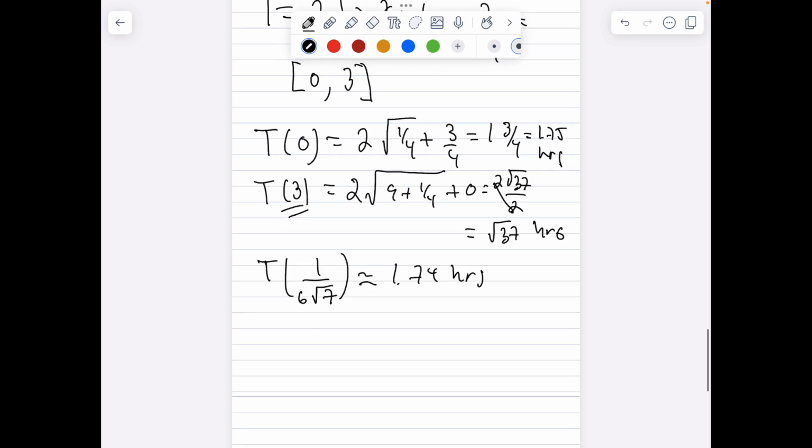Okay, so your minimum time happens at 1/6 root 7 miles. So your point here is 1/6 root 7 miles away from that point, which was directly across from you.